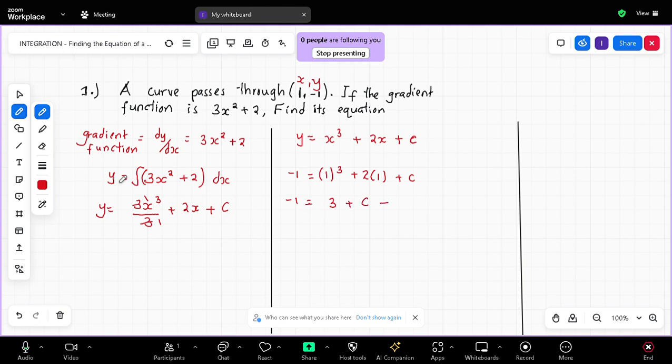So the value of c is -4, because when 3 crosses the equal sign it becomes -1 minus 3, which gets you to -4. So having obtained the value of c, the equation is y equal to x cubed plus 2x plus c, but c is -4. So this is the equation of the curve.